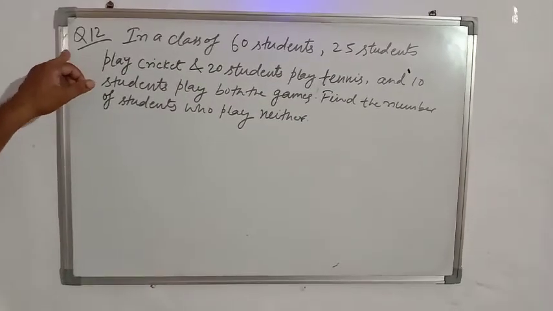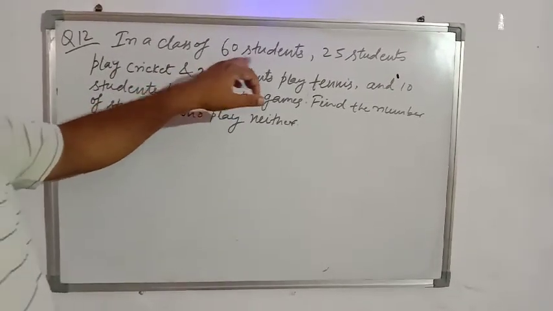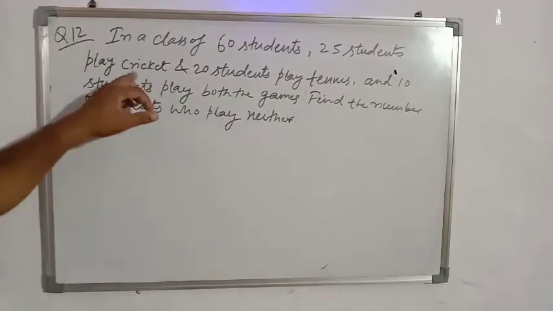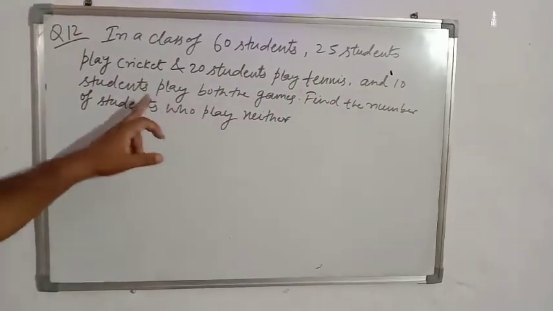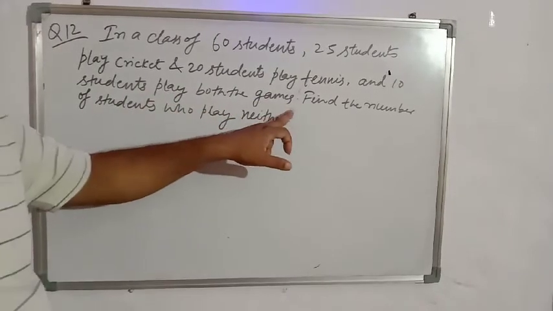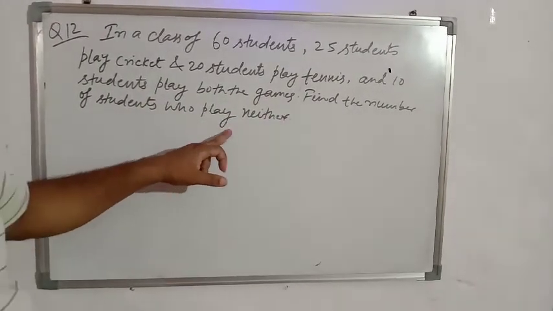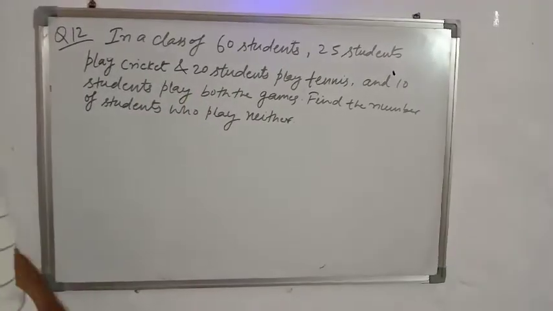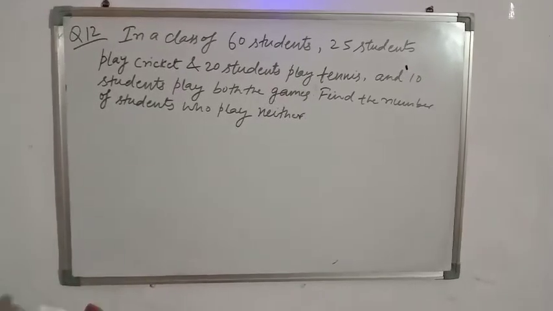See question number 12. In a class of 60 students, that is the total number of students, 25 students play cricket, 20 students play tennis, and 10 students play both the games. Find the number of students who play neither game. Means what we have to find?